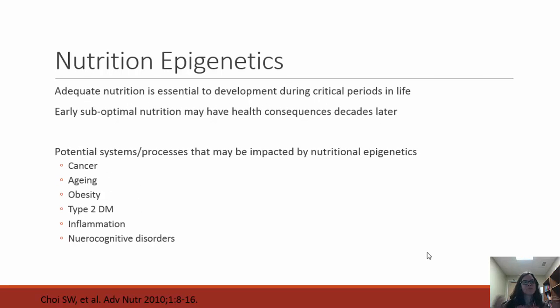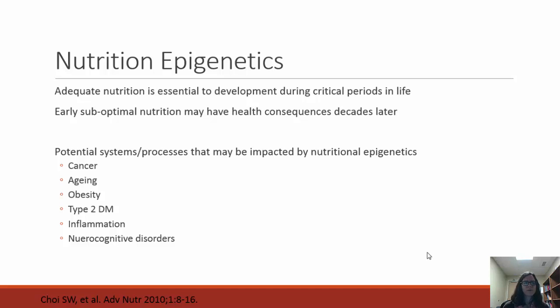So epigenetics is bigger than nutrition, but nutrition epigenetics specifically, the basic idea behind it is that adequate nutrition is essential to development during critical periods of life, and early suboptimal nutrition, either prenatally or in the growth and development phases, could have health consequences decades later.